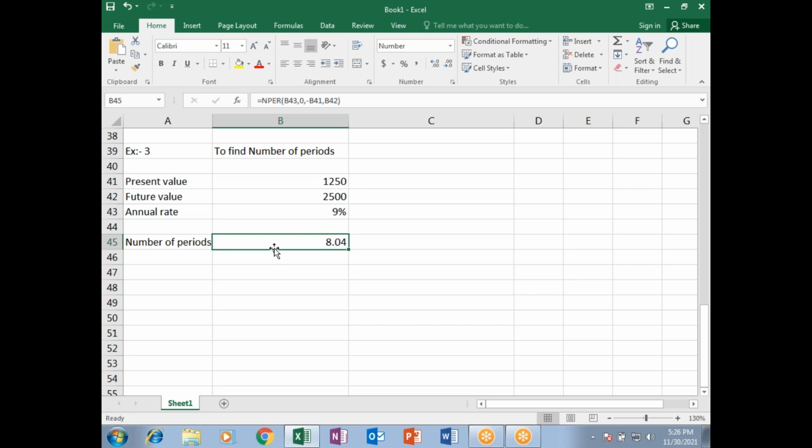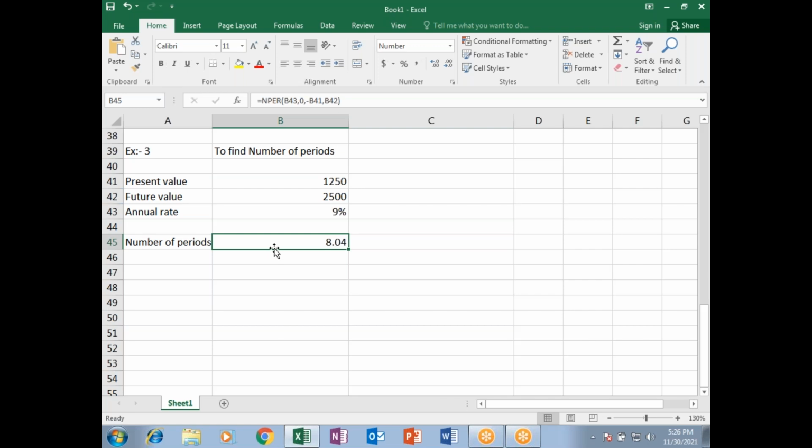So whenever, as we have talked about previously, when I'm going to take the rate per year, I will get the time to double your money. One thing that we need to notice is the cash flow sign convention: either the present value or the future value should be a negative number, and the other a positive number.